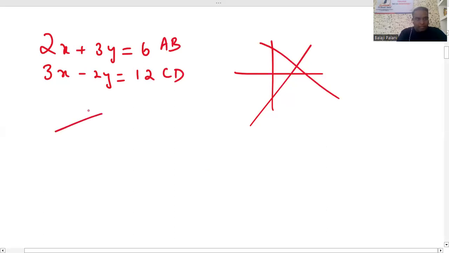Either they might meet each other, we call it intersecting, or they may not meet each other at all, even if indefinitely extended. So that is the parallel line. Otherwise, they may be one over the other, which is coincident lines. இது மூணு தான் நடக்கிறதுக்கான chances இருக்கு when we are plotting two lines on the graph.